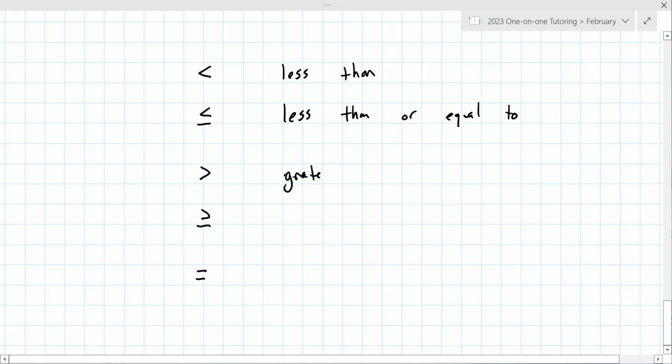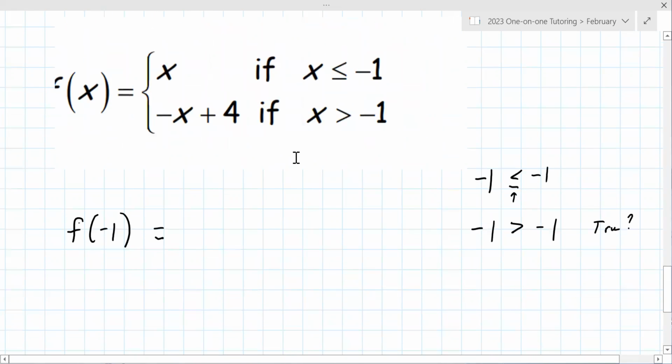So the next symbol here is greater than or equal to. All right. So if we go back to the problem I'm asking you to work on here, the one with the line underneath, you have to associate that little line underneath as an equality. So in this case, -1 less than or equal to -1, that is true. That is the true one.